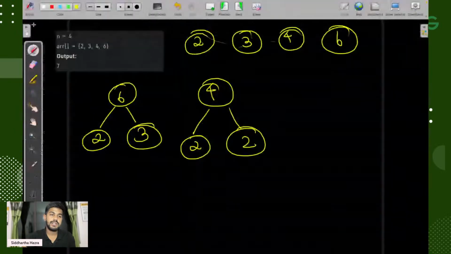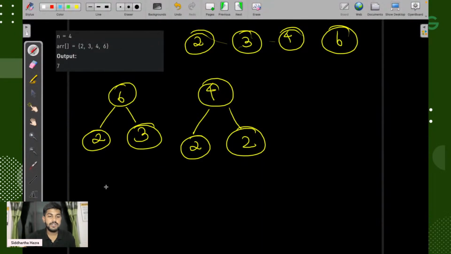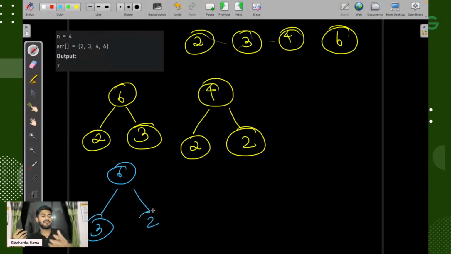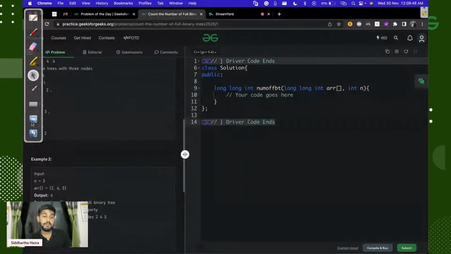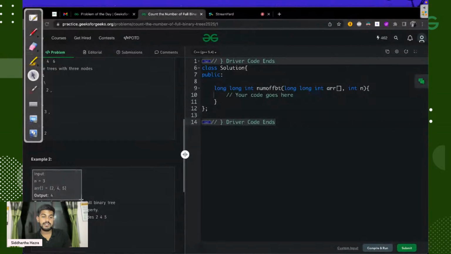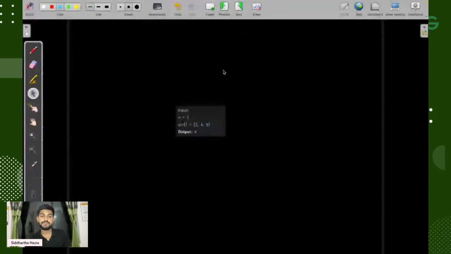So here one more, switching the nodes. This time the left one is 3 and the right one is 2. This is the very first example. We have some more examples, but the first sample test case was the best one.